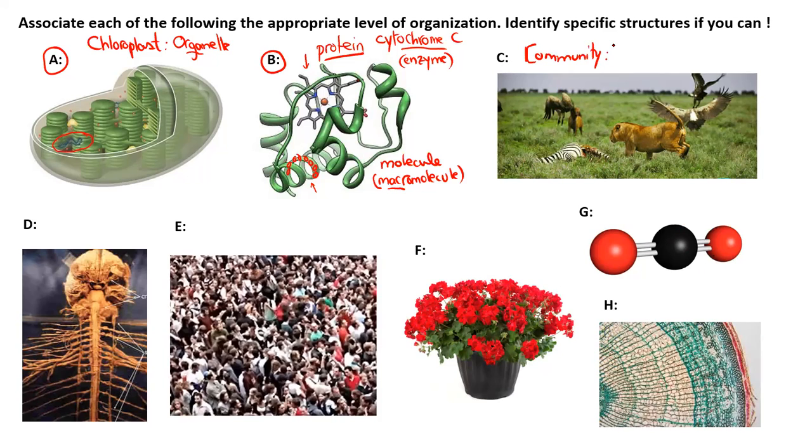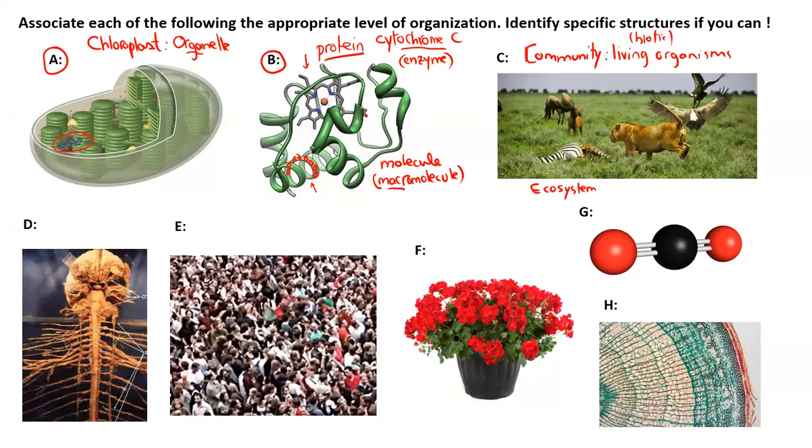The community is the living organisms, or biotic. And if it was the ecosystem, we would consider also the non-living elements. So here, while the picture could be either, I chose a picture that looks mostly like organisms, so I thought that's community.